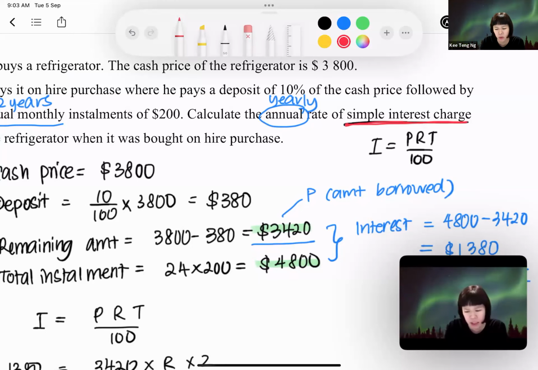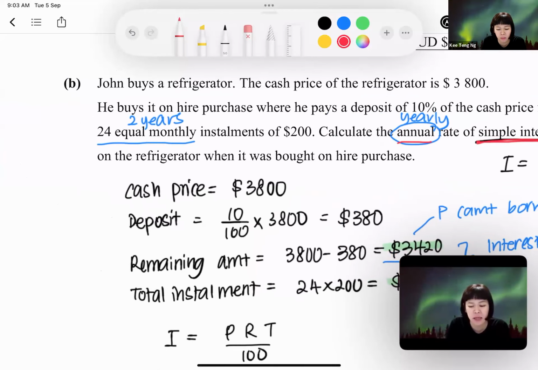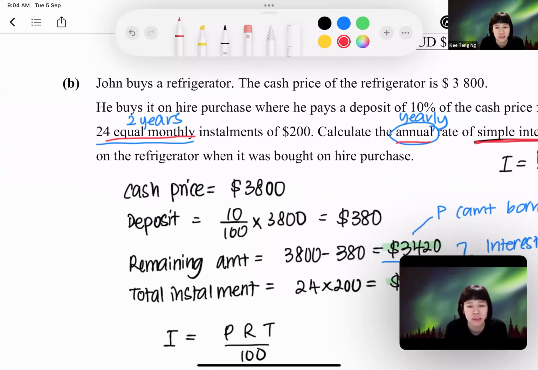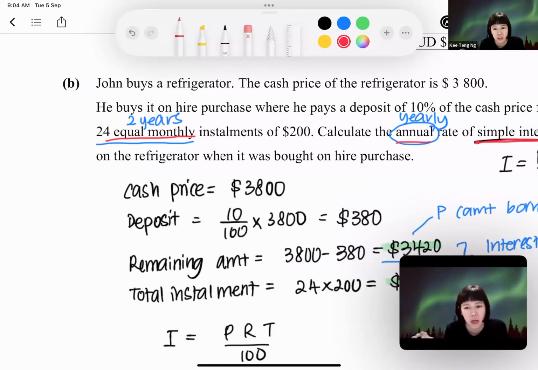In this case, the question already says they want annual, so it will be a yearly interest rate. They are looking at 24 equal monthly installments. This indirectly tells us that the time period, 24 months, is actually 2 years. Correct?